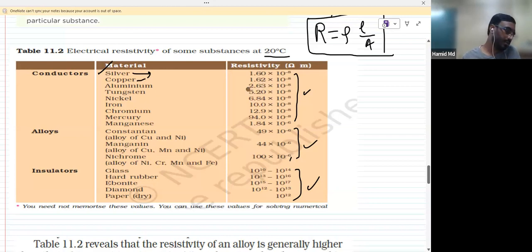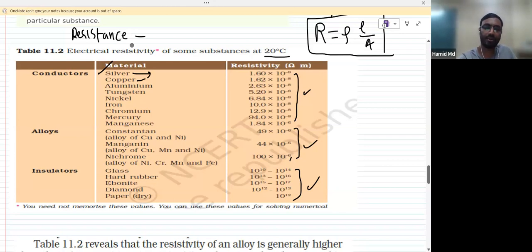So what is resistivity? Resistance, can I ask what is resistance? I forgot to ask this. Can you define what is resistance? Resistance actually opposes the flow of current. If an examiner asks you, how would you define it?